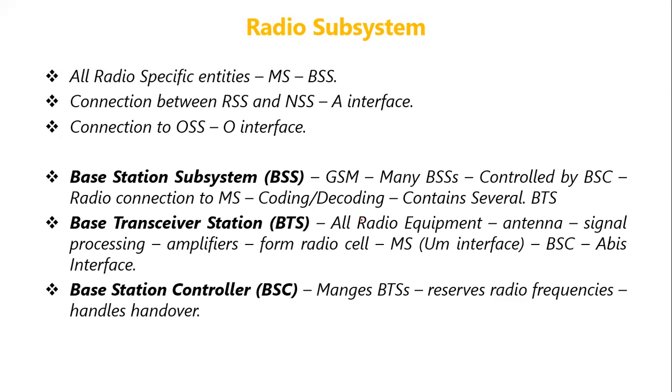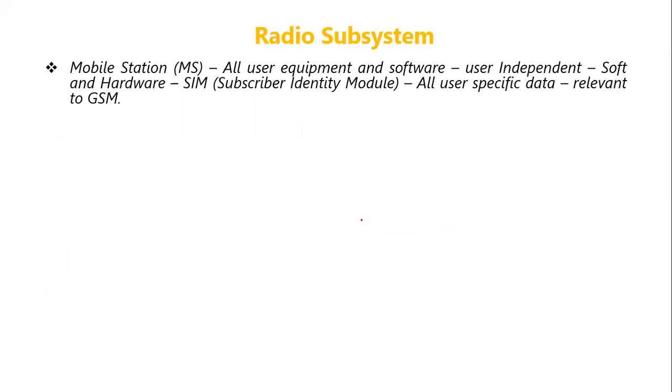So these are the various subsystems of the radio subsystem. Okay. Now let us try to understand what the mobile station contains. Typically the MS is the mobile station. It includes all user equipment and software needed for communication with the GSM network.